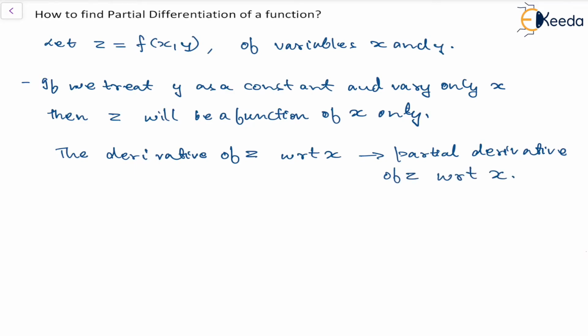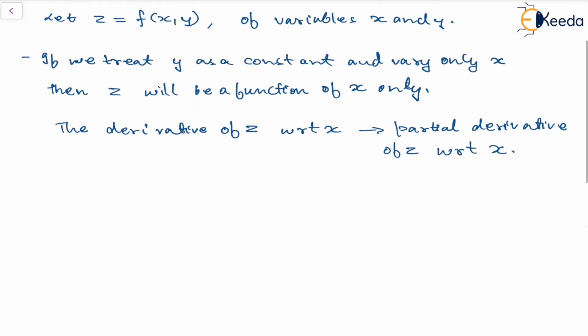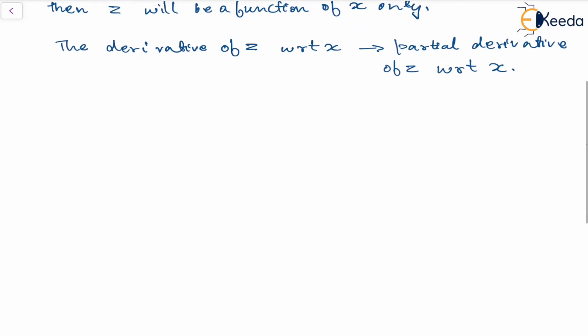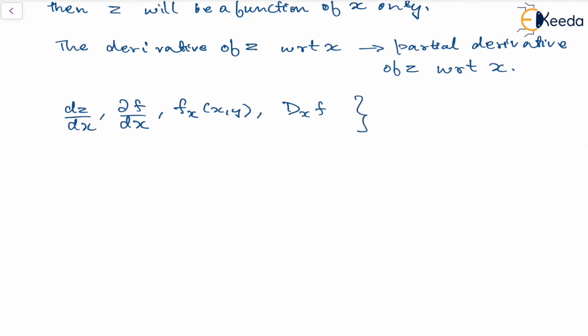That is, y will be treated as a constant and we will be differentiating z only with respect to x. And this can be denoted as dz by dx, or dou f by dou x, or simply f with a suffix x, or dxf. These are all denoting the partial derivative of z with respect to x.